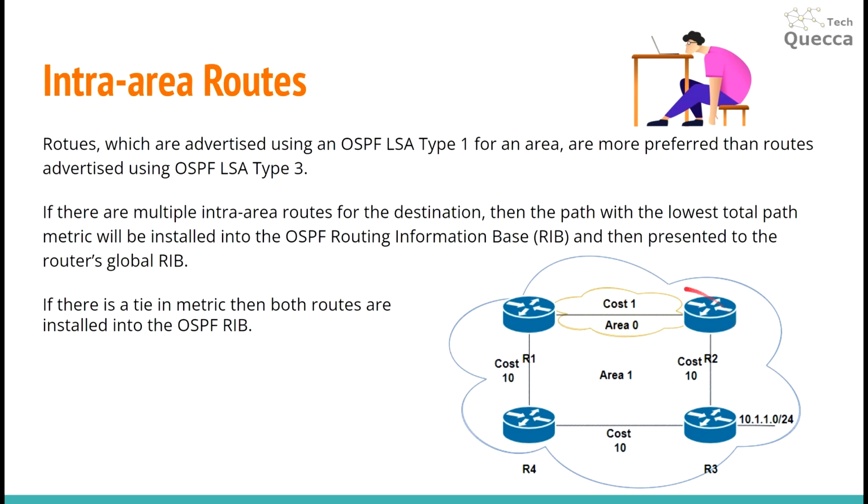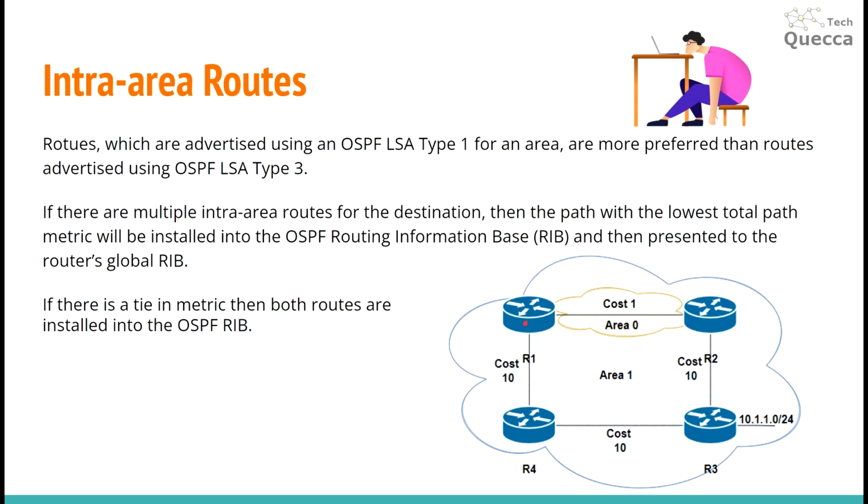For example, in our example, we have area 1 and we have area 0. This router R1 will install a route to the network 10.1.1.0 through router R4, but not through area 0, because this route is inside one area and it is more preferred than using area 0 or OSPF type 3 routes based on the OSPF LSA type 3.